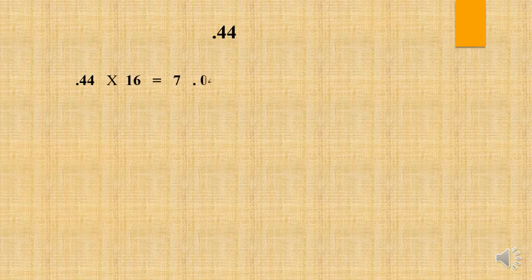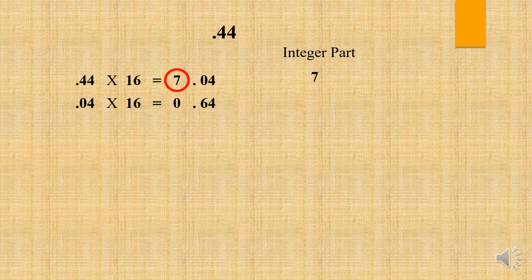0.44 will be multiplied by 16 and the result is 7.04. So the integer part is 7, which we will note down separately. And we will take the fraction part 0.04 and multiply it by 16 again, and here the result is 0.64.